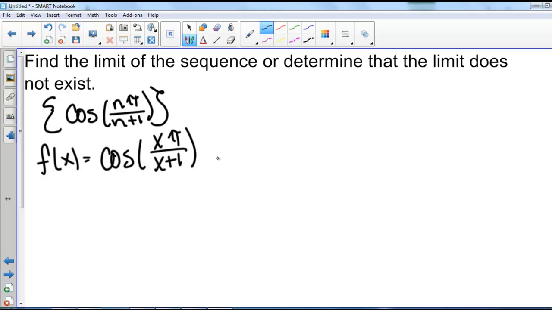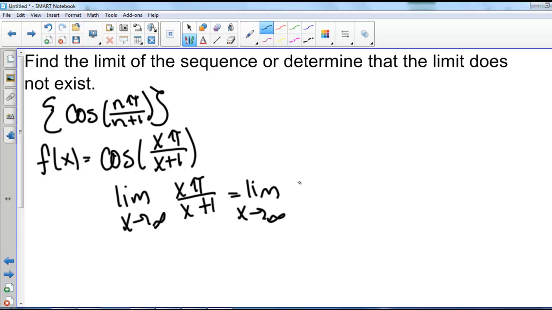So let's consider the limit as x goes to infinity of x times pi over x plus 1. This equals the limit as x goes to infinity of pi over 1 plus 1 over x, which is pi divided by 1, and 1 over x goes to 0, so this limit is pi.